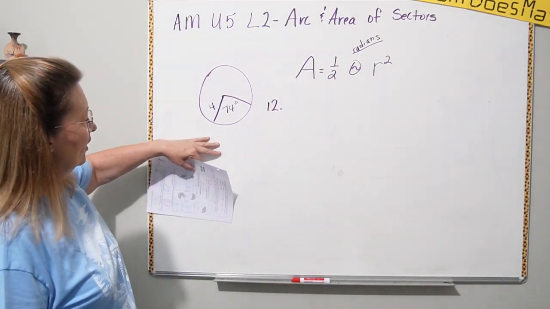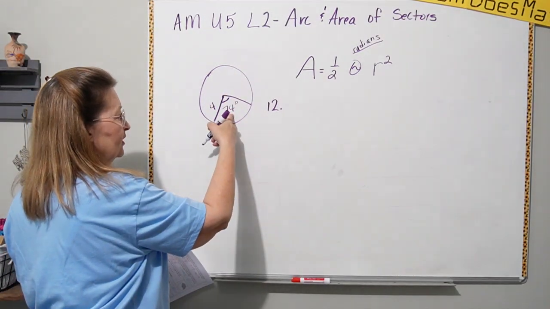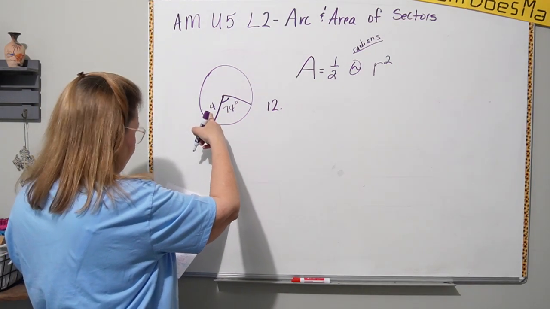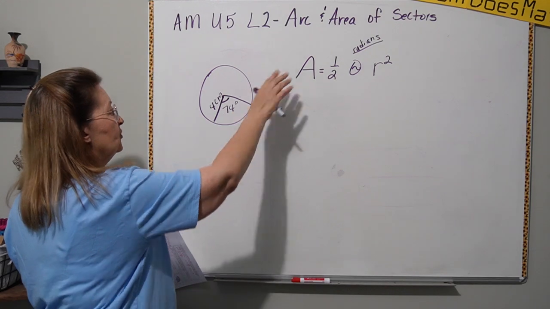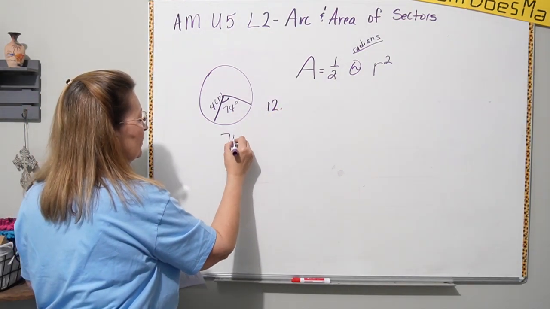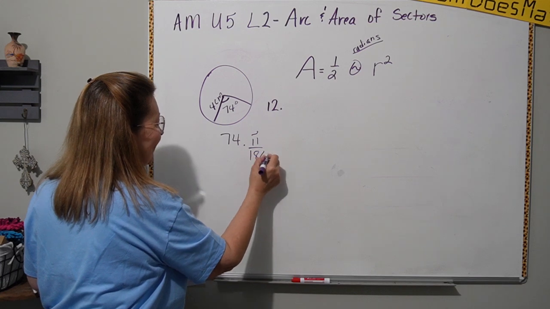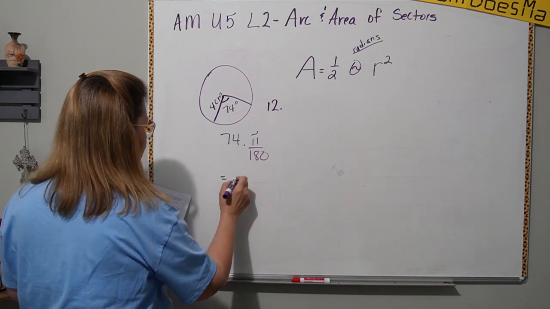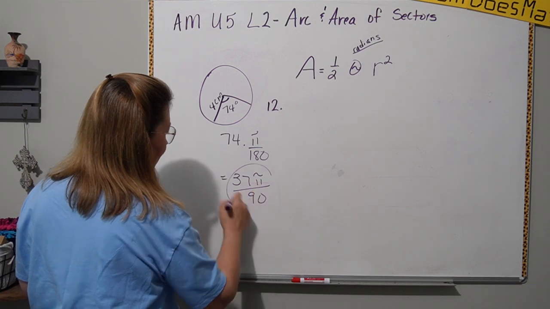Okay, so here's number 12, and our figure tells us that the angle theta here is 74 degrees and the radius is 4 centimeters. Before we can do anything with this, we're going to have to change it to radians, so let's multiply 74 times pi over 180, and that's going to reduce down to 37 pi over 90.